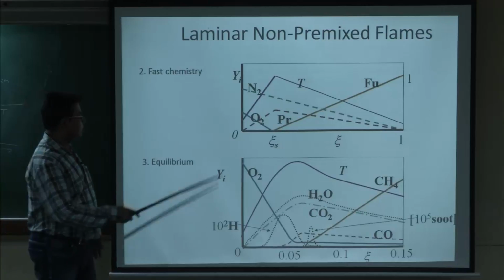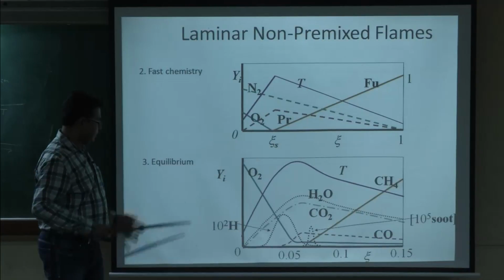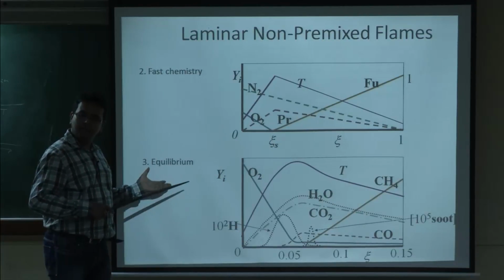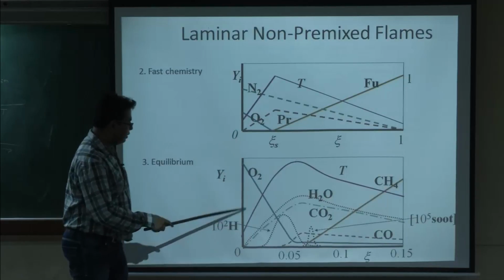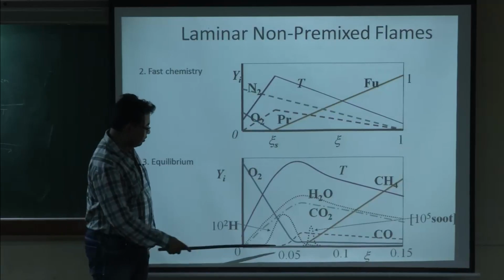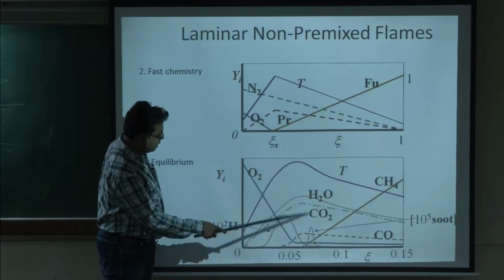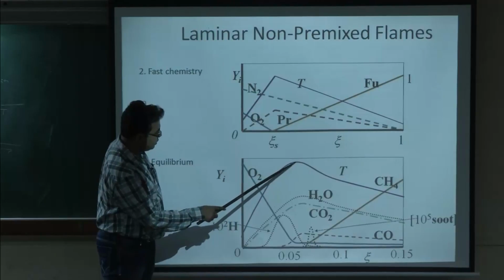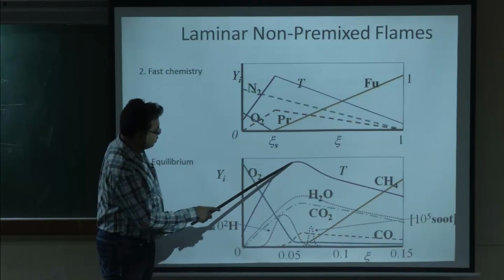Fuel plus oxidizer goes to product, but in actuality we do not get fast chemistry. There is some rounding that takes place near the stoichiometric location. For hydrocarbon flames, suppose it is a methane flame, near the stoichiometric point the temperature is not linear.